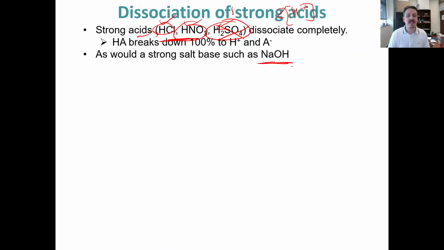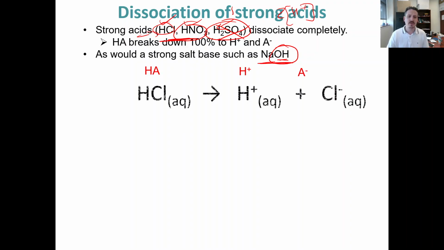Strong bases also break down 100%, and that's going to come up in the next example. Strong bases typically have this OH group in them, like sodium hydroxide and potassium hydroxide. So you'll see them when they come up. But let's talk about our strong acid. We have our HCl, and it is aqueous, which means it's dissolved in water. That's going to break down to give you H+ and Cl-.